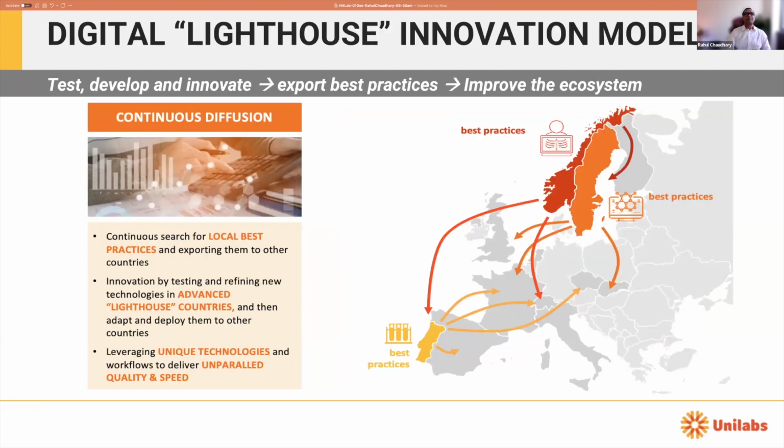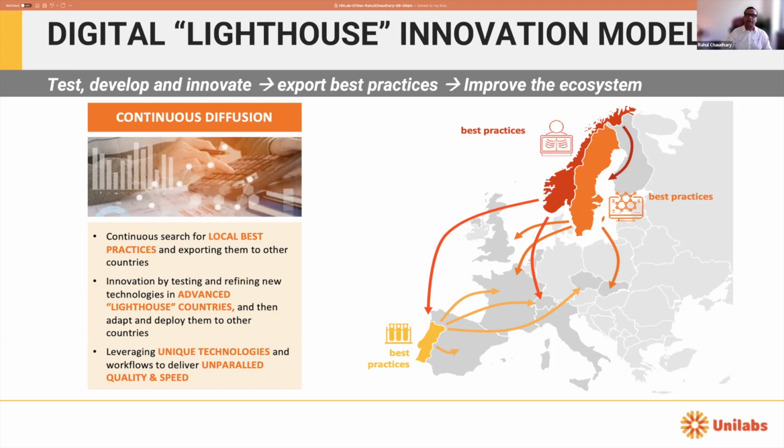Now, from a scaling perspective, how do you actually scale this whole thing, right? So we have what we call a digital lighthouse model, where we actually do these innovations in specific lighthouse countries, and then we percolate these models across to different other countries. So you can see the arrows here where specific specialties were perfected in one country, and then these solutions and best practices were exported to other countries as well.